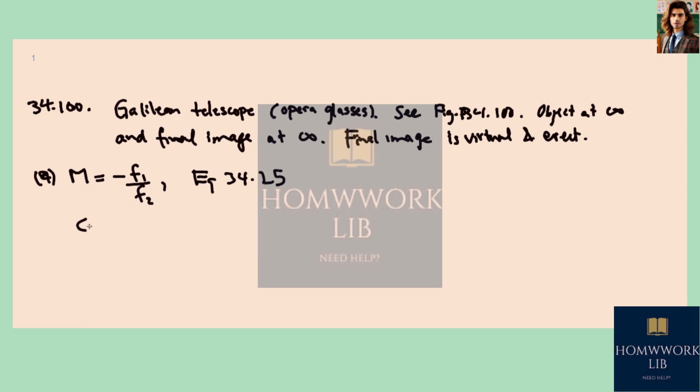But instead of using theta and theta prime, like they did in equation 34.25, we're going to use u and u prime, which are the angles given to us in figure P34.100.